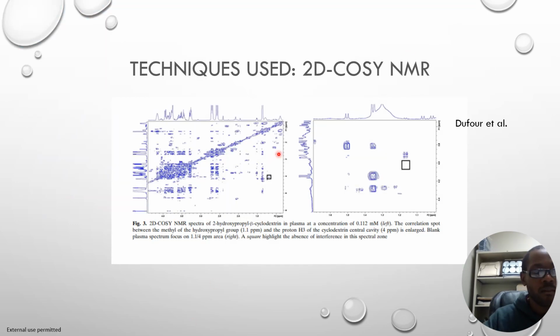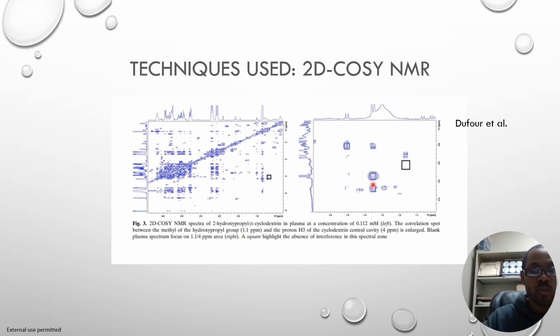So we've been saying that the main advantage of 2D spectroscopy compared to 1D spectroscopy is that it has the ability to uncover signals that are overlapping in 1D NMR spectroscopy due to similar resonant frequencies.